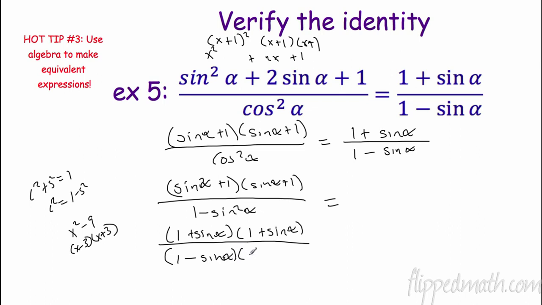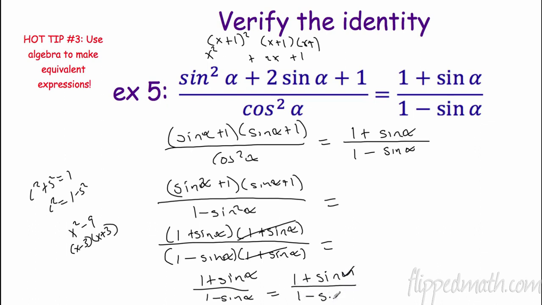So it's 1 minus sine alpha and 1 plus sine alpha. Ooh, good thing we did rewrite that. These cancel, and it gives us what we wanted to prove. 1 plus sine alpha divided by 1 minus sine alpha. And it does indeed equal the other side. That is a horrible alpha. I apologize. Anyway, it is verified. We did our job. We used a lot of math in there, a lot of algebra, but we did it no problem.